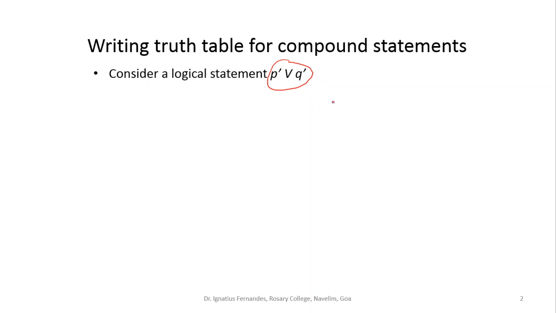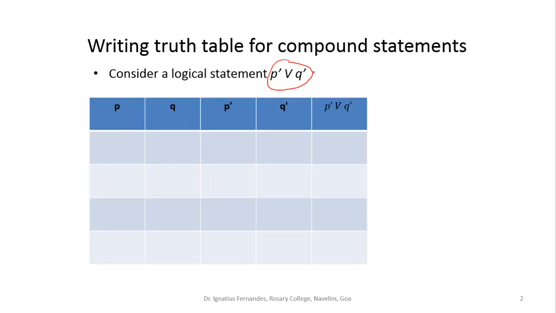So to write down the truth tables, we break it down into simple statements. There is P here, there is Q here, then there is P bar here, there is Q bar here, and then finally we have P bar or Q bar. So to write out the truth table, we go step by step depending on the simple statements that are involved here.